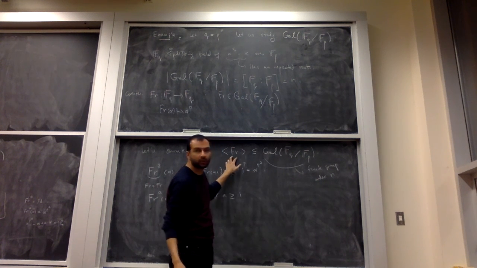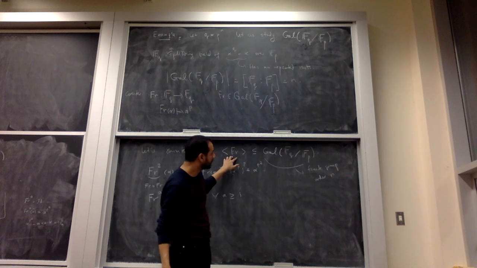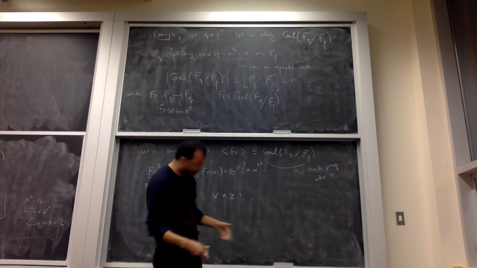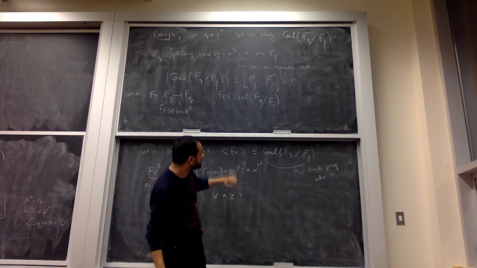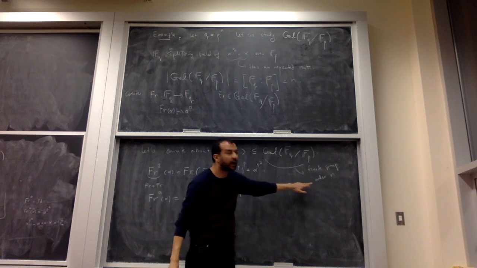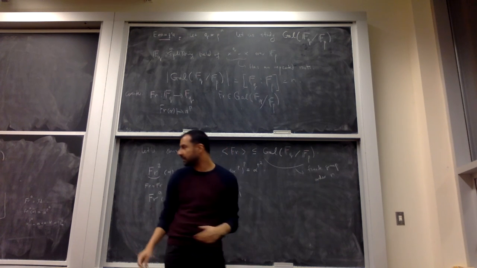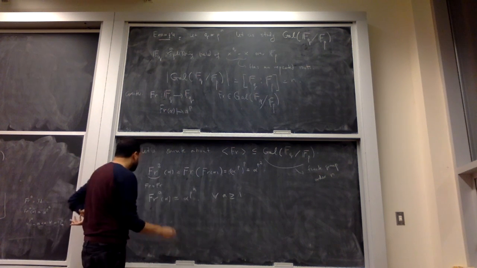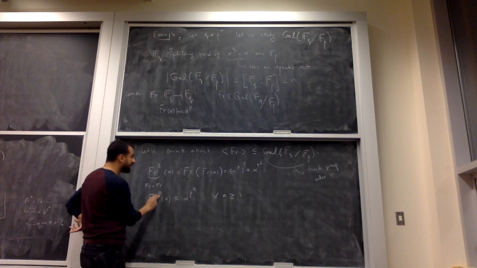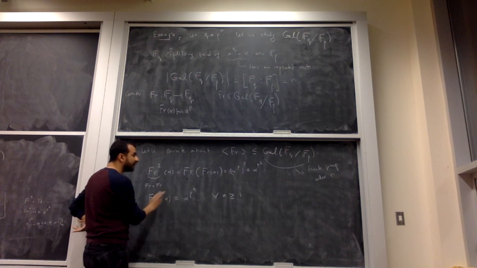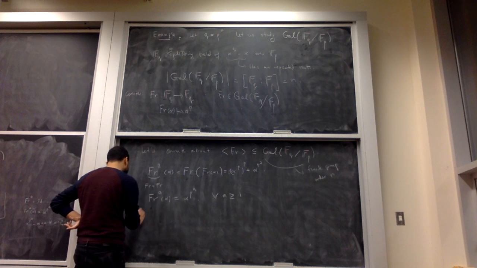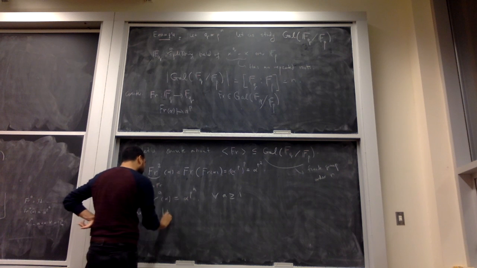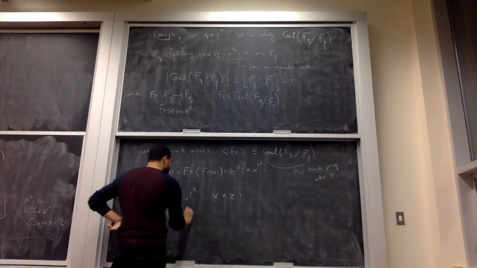So let's think about the order of Frobenius. Frobenius has finite order, and that order will divide n. Let's see what that order actually is. To calculate that order, we need to find the smallest a such that Frobenius to the power of a is identity. So what is the order of Frobenius in the Galois group?